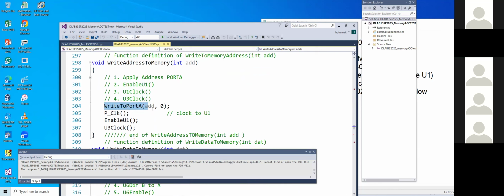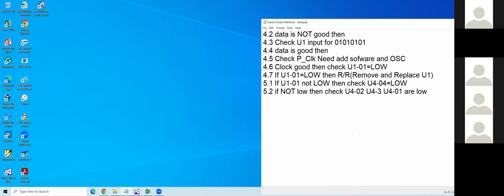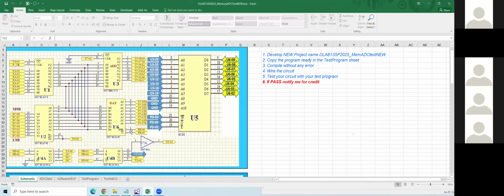Write to port A, whatever you want. Apply the clock so the data can come out of U1. You enable U1 and you use the U3 clock.